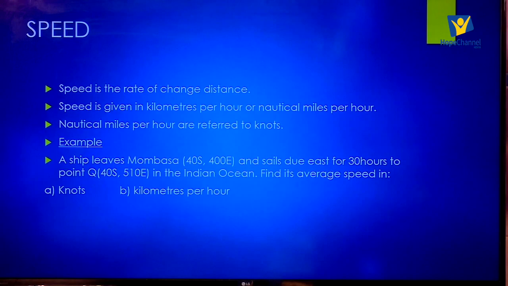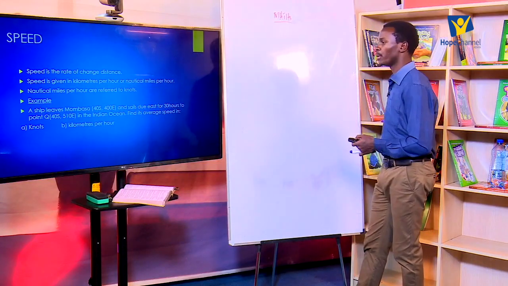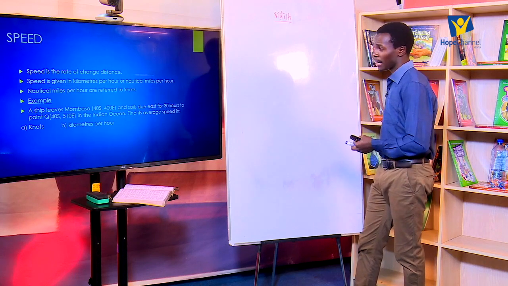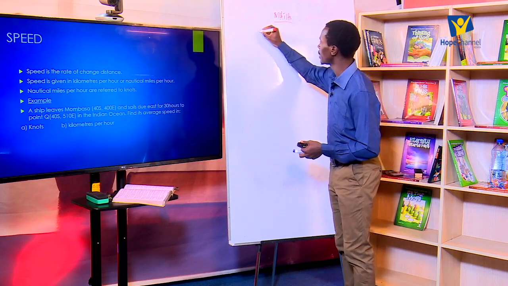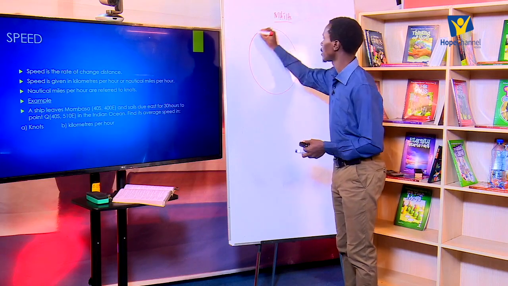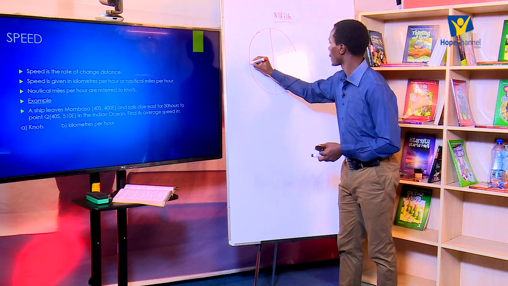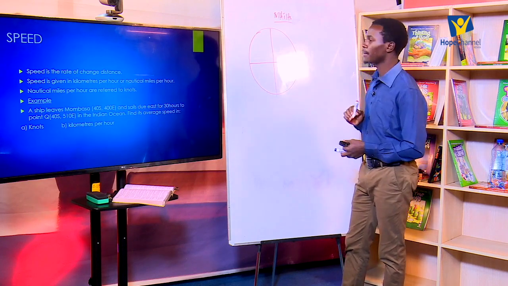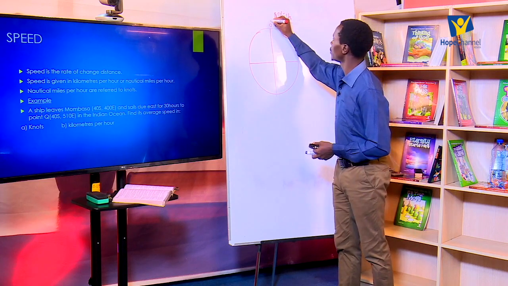So number one, you also need to draw to locate those 2 points. If you do much practice, you will just do it with ease without even drawing it down. But for our case here, let's draw. So we have always the prime meridian and the equator, which are both 0 degrees.